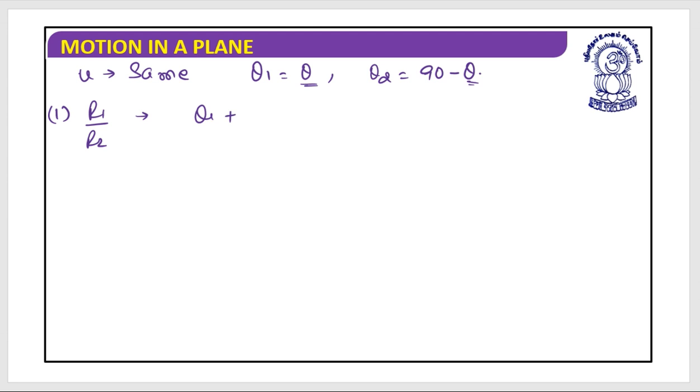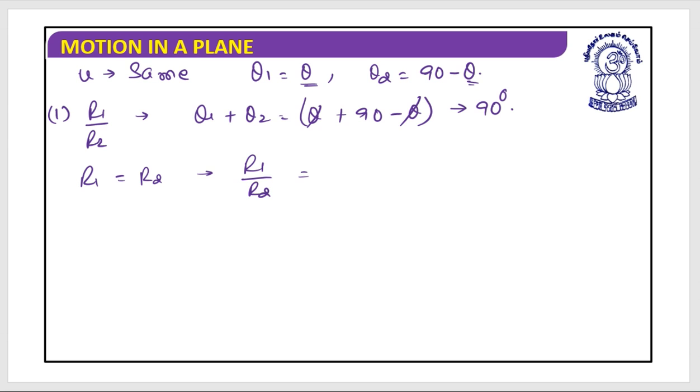I know theta 1 plus theta 2 will be theta plus 90 minus theta, which is 90 degrees. So range 1 and range 2 would be equal, which we have done in previous slides. So R1 by R2 would be equal to 1.